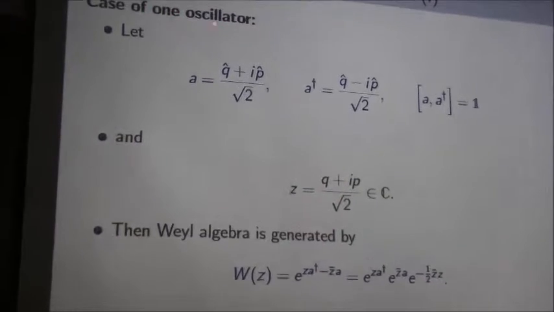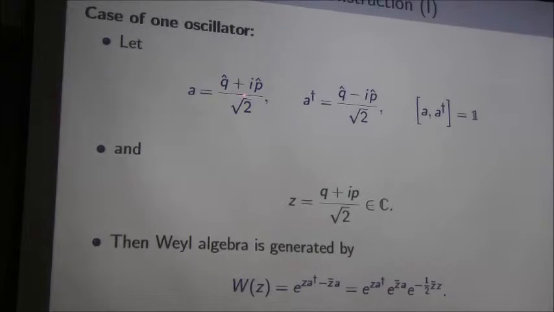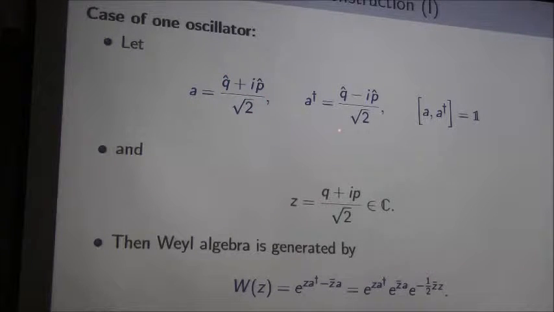I start with the case of one oscillator with A and A dagger, where Q hat and P hat are position and momentum operators with standard commutation relations, and we introduce this complex variable Z. Then the Weyl algebra is defined by this W of Z. W stands for Weyl, and it is labeled by a complex variable Z, and it is defined by this equation. And this is the same after you normal order it to this operator.